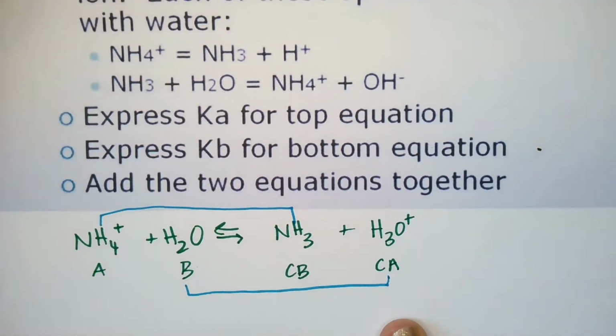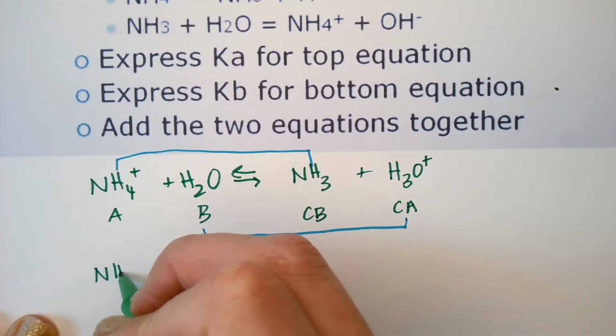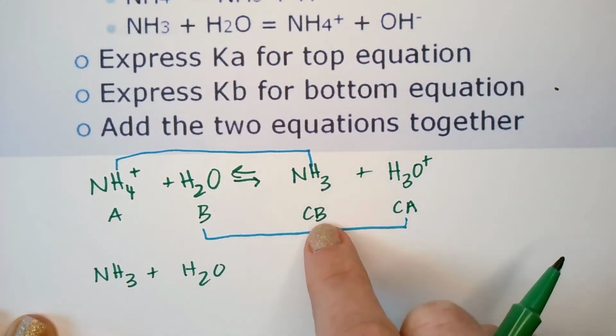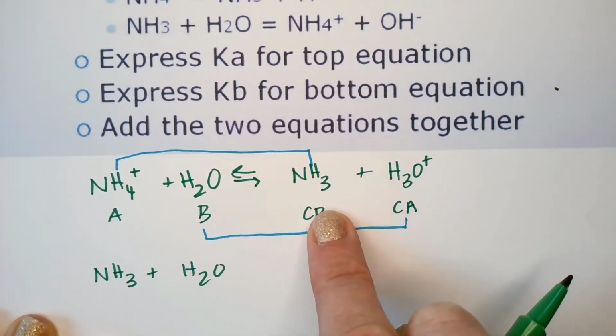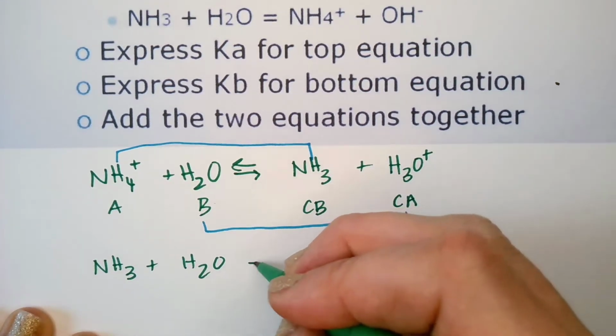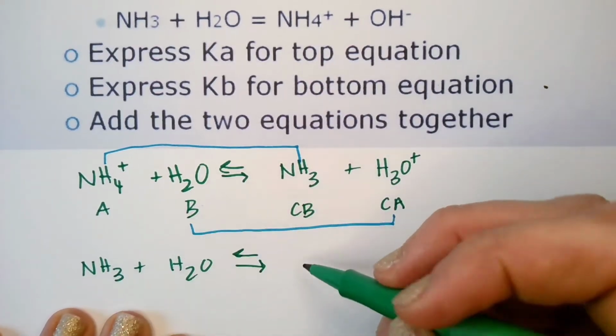All right, now let's look at ammonia, NH3, where I take my conjugate base, bring it down here, and we can see my NH3.